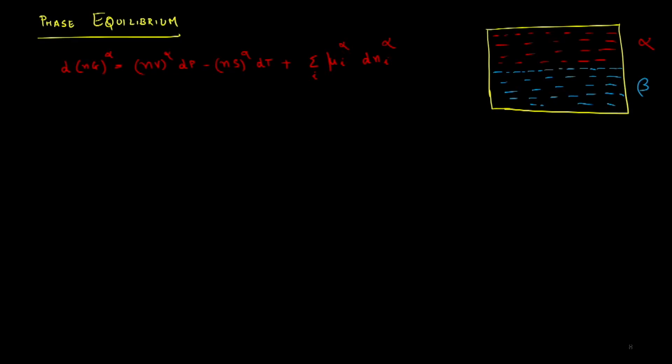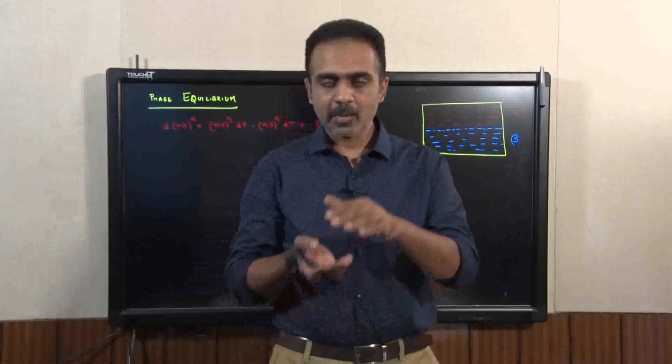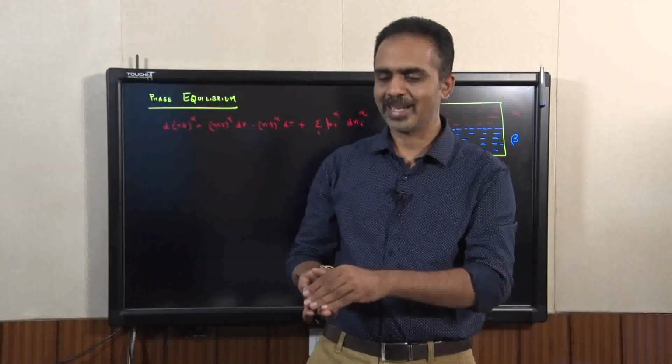Now, let us say that these two phases are in equilibrium, right? And when we have this two-phase mixture, they are free to exchange. The total vessel is closed, but a particular phase is open because it is free to exchange matter with the other phase. So, for example, some moles from the alpha phase can be transferred to the beta phase for a component i.